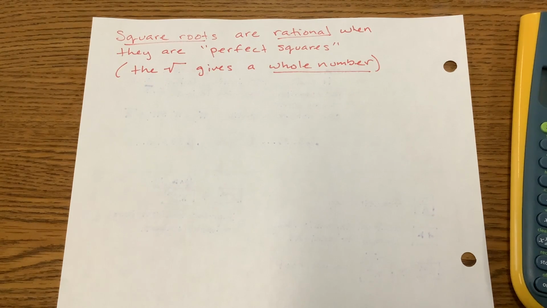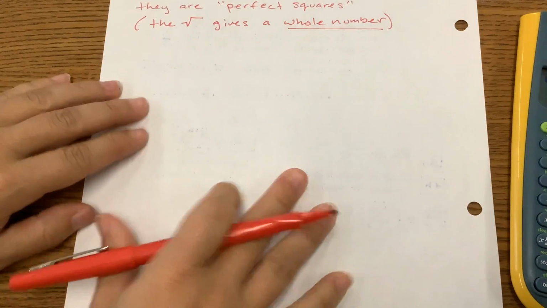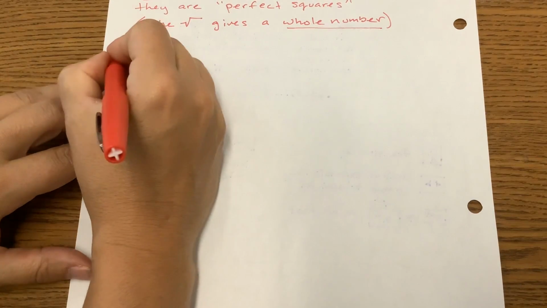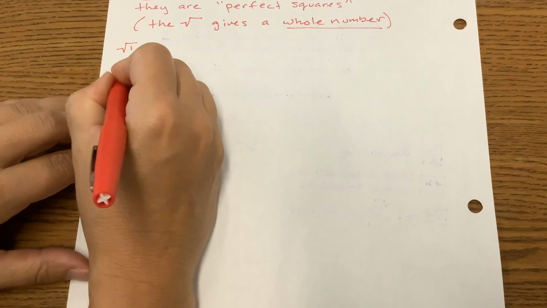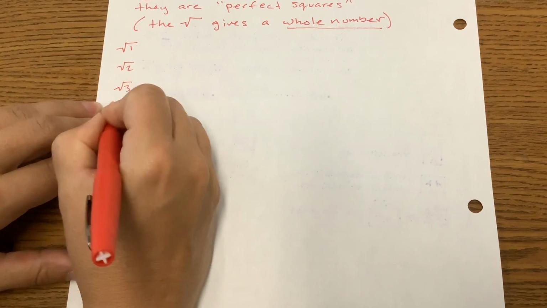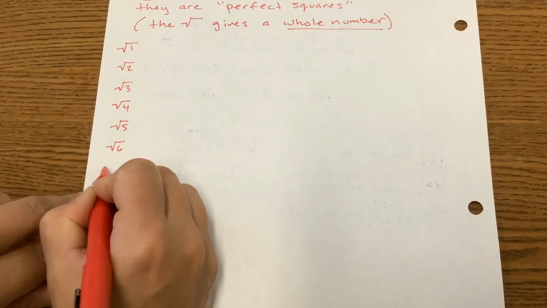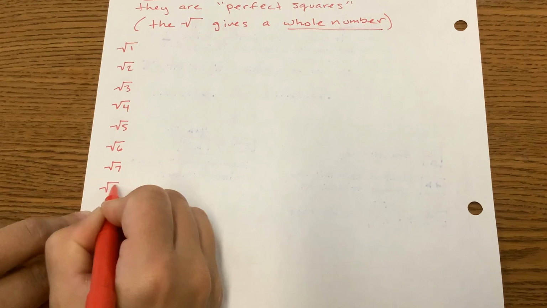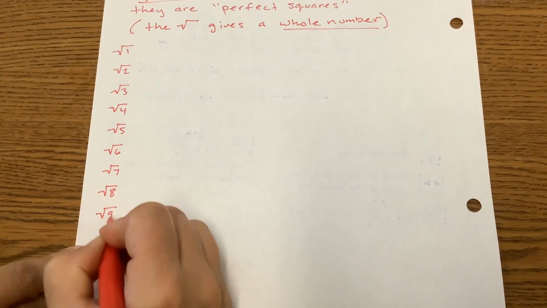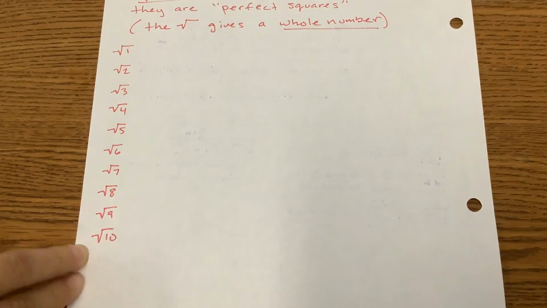Okay, and so we are going to take some time and look at the square root values from 1 to 10. So on the left side of your page, just go down vertically. Square root of 1, 2, 3, 4, 5, 6, 7, 8, 9, 10.